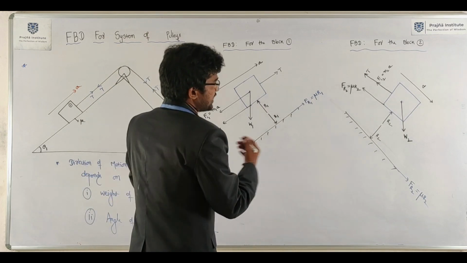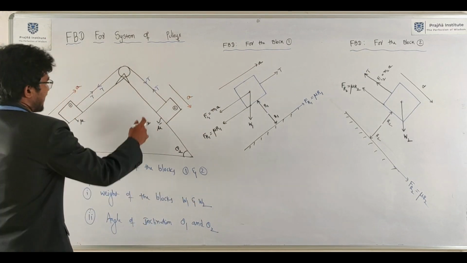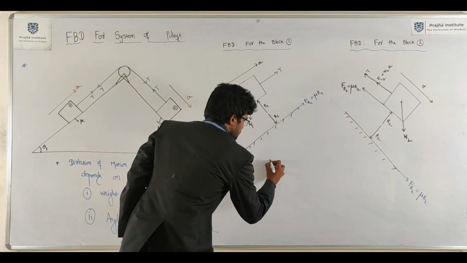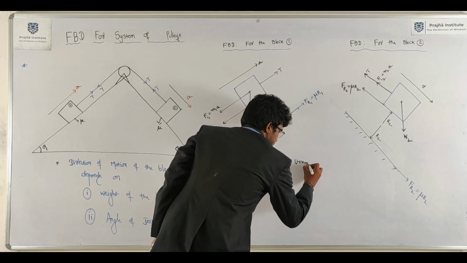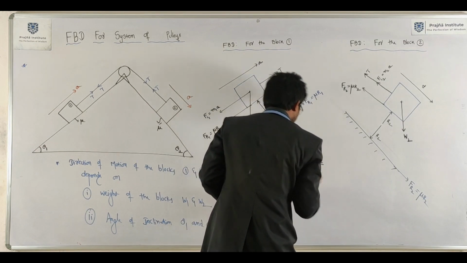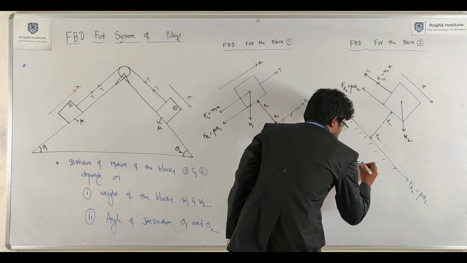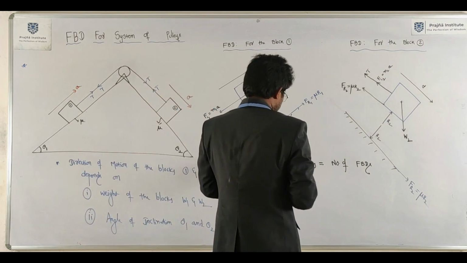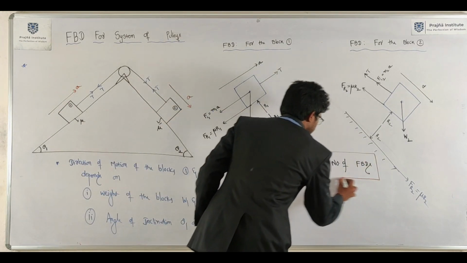Now just apply the equilibrium equation for free body diagram 1 and free body diagram 2. Here the acceleration of the two blocks is the same. I told you, here the number of unknowns equals the number of free body diagrams.